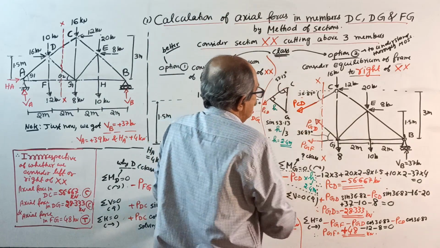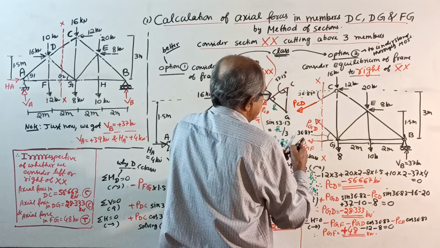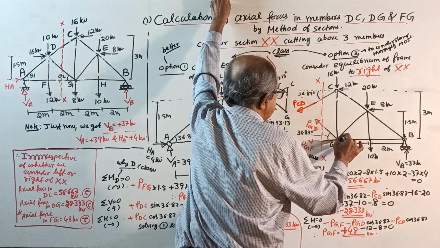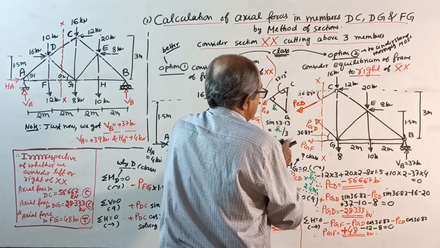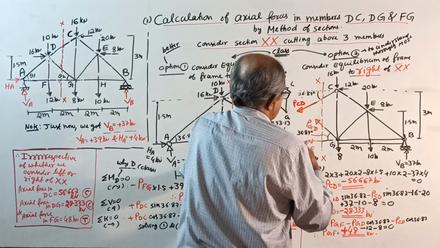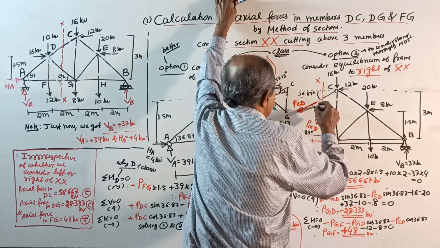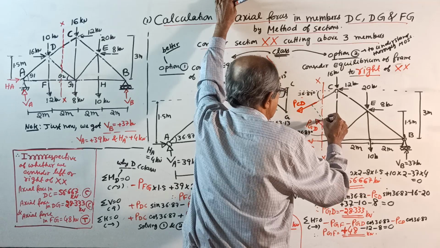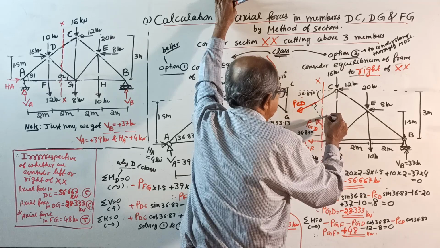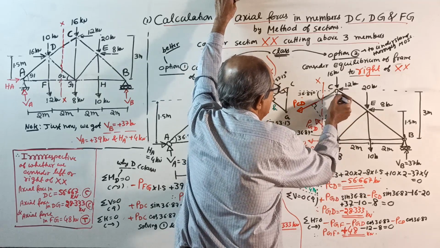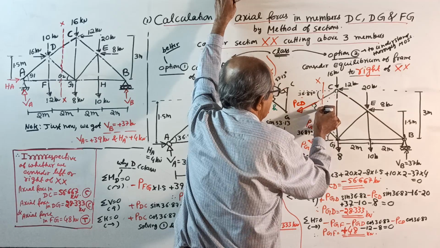PCD. Now see here. From G, you drop a perpendicular, H. And remember, consider this triangle.